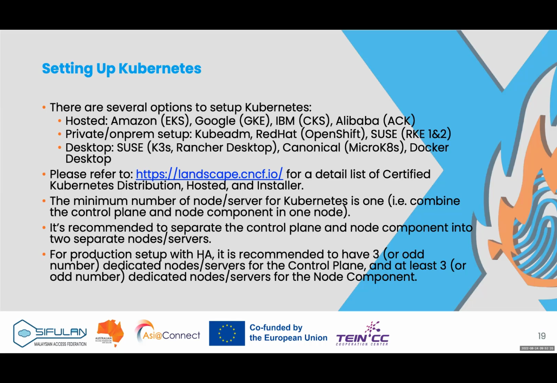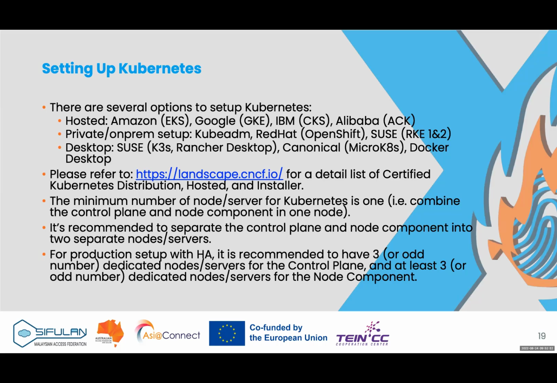You can refer to the CNCF, the foundation that oversees the development of cloud native solutions and technology, for more detail. The minimum number of nodes or servers for a Kubernetes deployment is 1. Basically, you combine the control plane, which is the master node, and the compute node in one node.